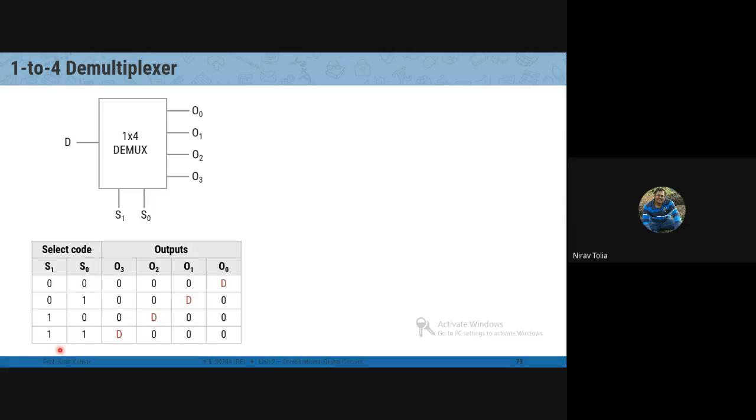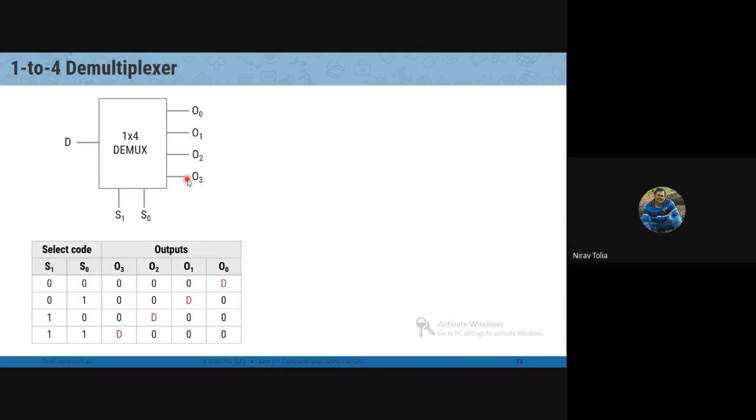And when my select lines input is 1, 1, then my input is connected with the output O3 only.